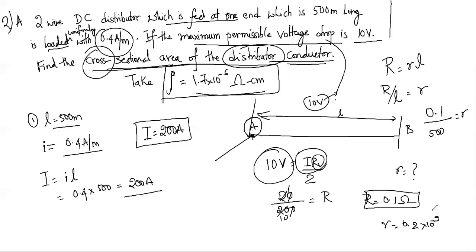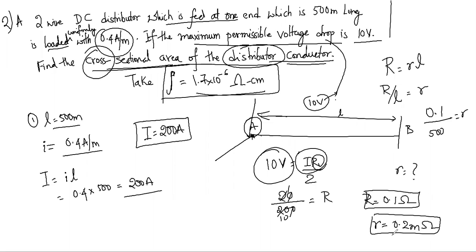So this is small r. Let me write it properly. Small r will be equal to 0.2 milli ohm, small m, that is milli.